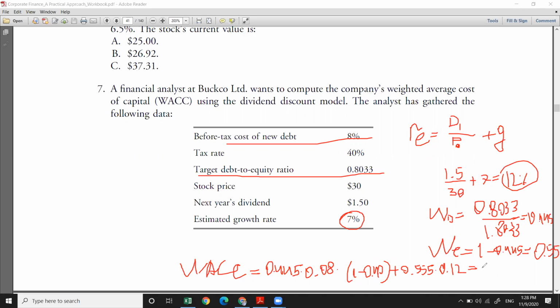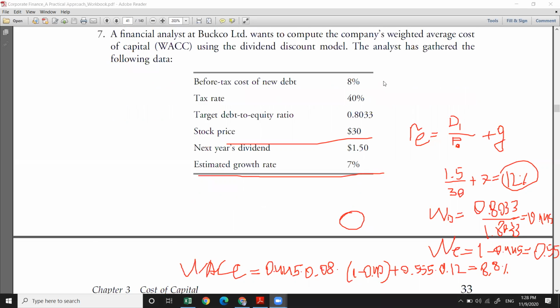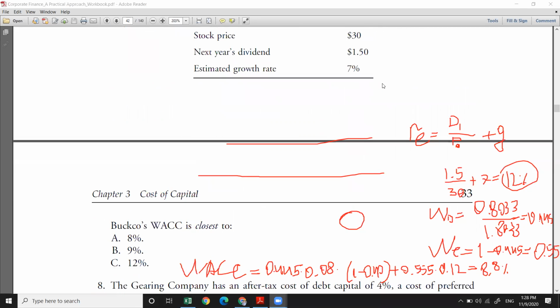And this is equal to 8.8%. And the answer in here is B.